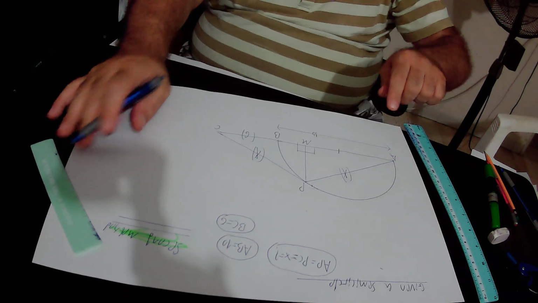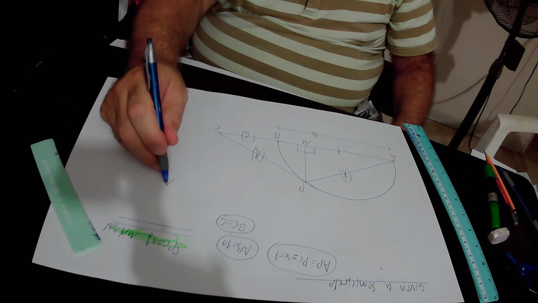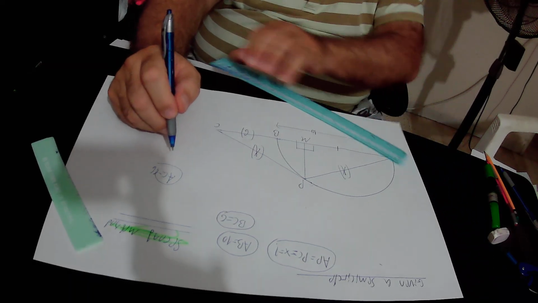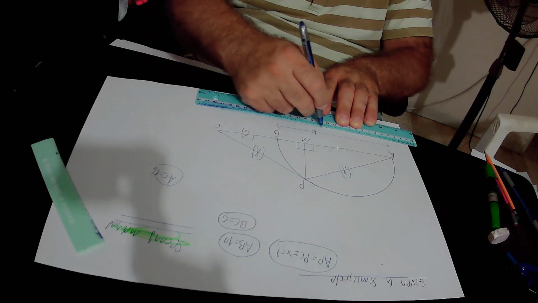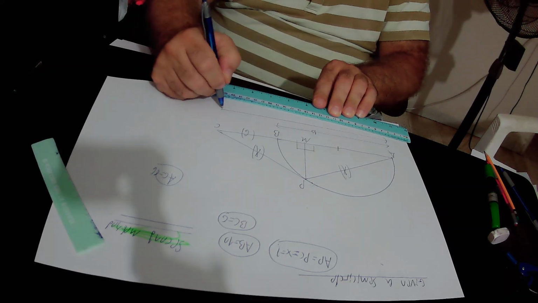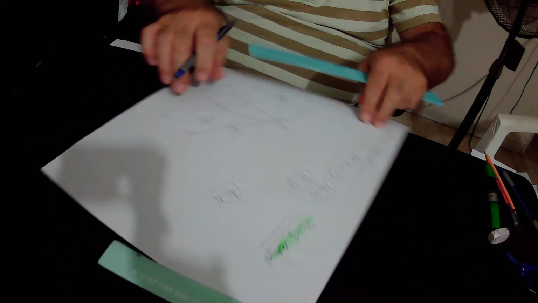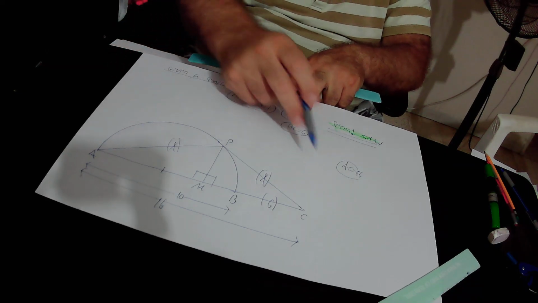We know that the base AC equals 10 plus 6, that is 16. The base AC equals 16 units in its length. So according to the rule that I mentioned, the perpendicular PM bisects the base AC.